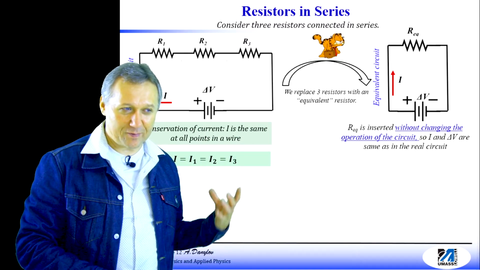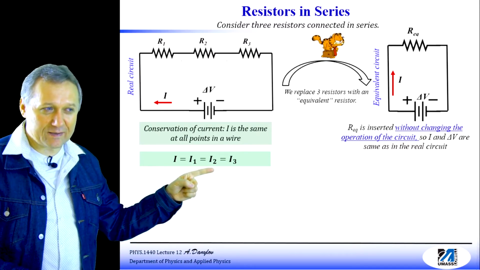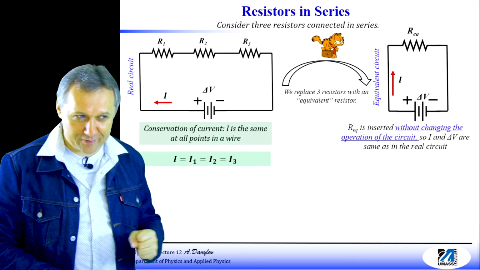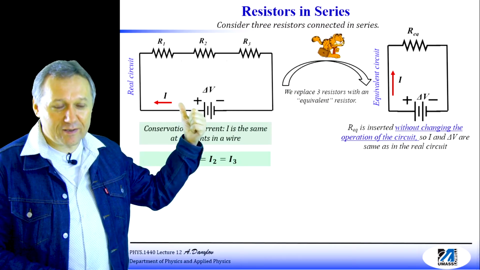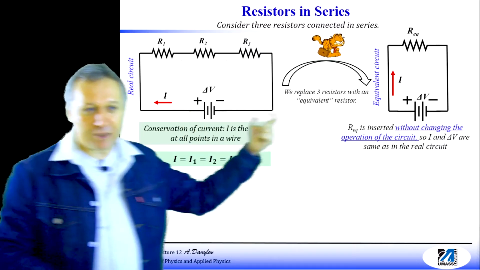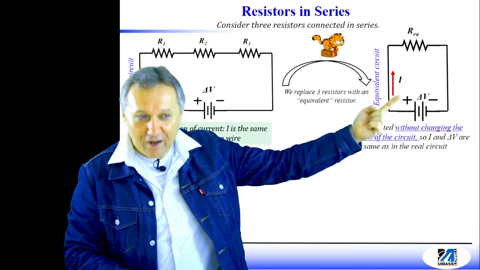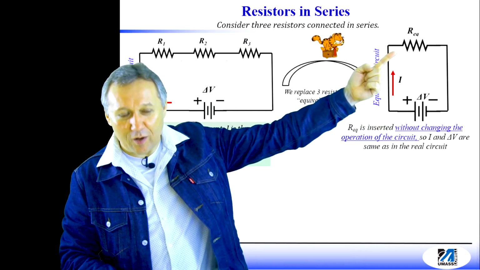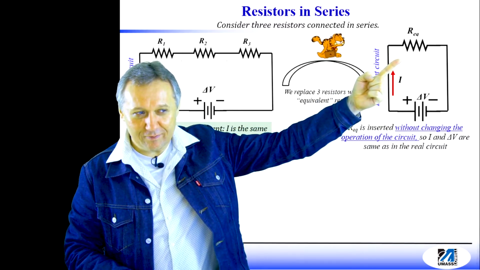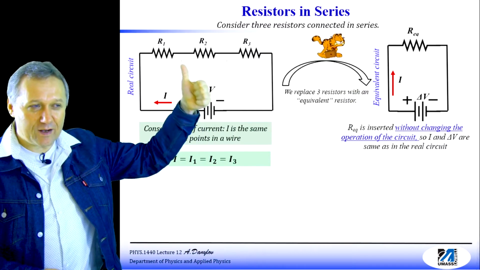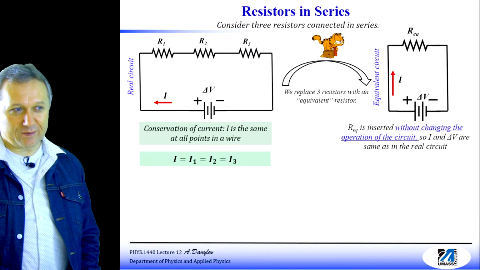Now, again, I want to connect these currents with the current through the equivalent resistor. I just mentioned that the current taken from the battery in the real circuit must be equal to the current taken from the battery in the equivalent circuit. And all this current goes through our R equivalent. So the current through R equivalent must be equal to the current that goes through all our three resistors.